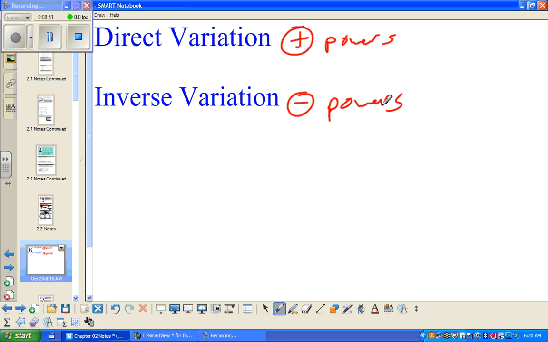So for example, if I were to say that the circumference varies directly with the radius of a circle and constant of variation 2 pi, well, I'd be saying that the circumference of a circle varies directly with the radius of the circle and constant 2 pi.